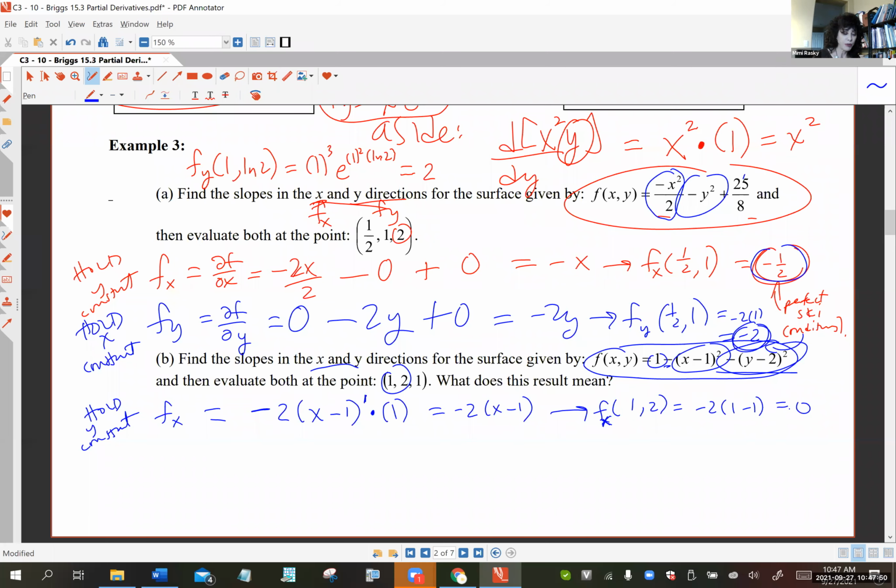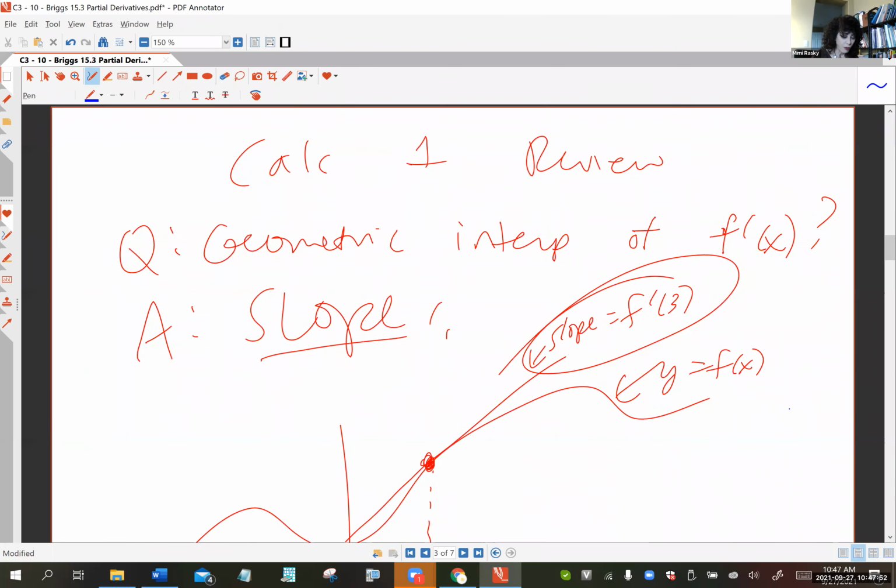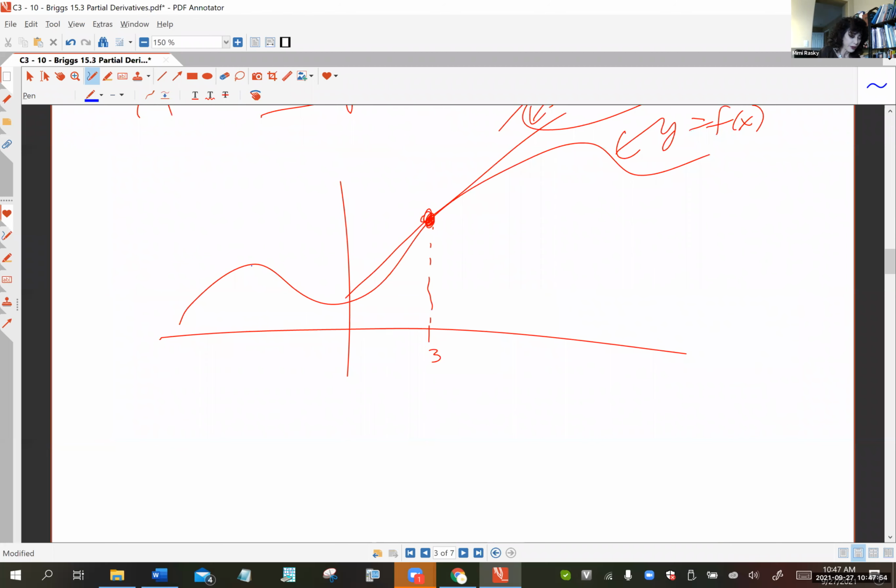Sure. You remember from calculus 1, what happened when your slope was 0? Does anybody remember? A local max. Or you would have had a local min, right?